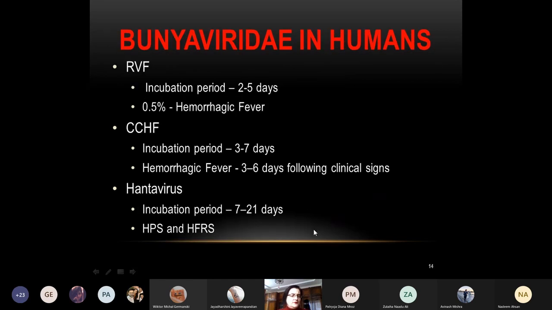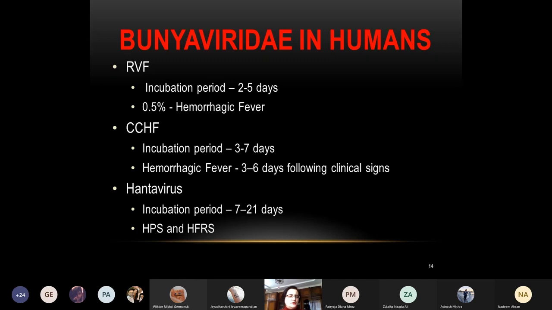Most humans suffering from Rift Valley fever will experience flu-like symptoms and recover with no complications after an incubation period of 2 to 5 days. In 0.5% of cases, hemorrhagic fever will develop following the initial febrile stage. Another 5% of cases will develop retinitis or encephalitis 1 to 4 weeks following infection.